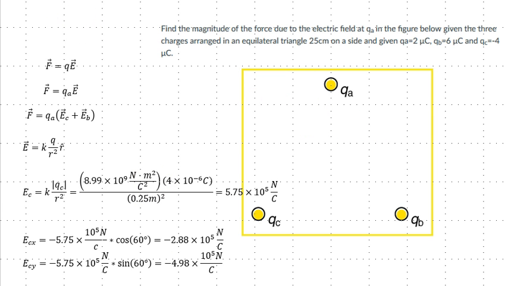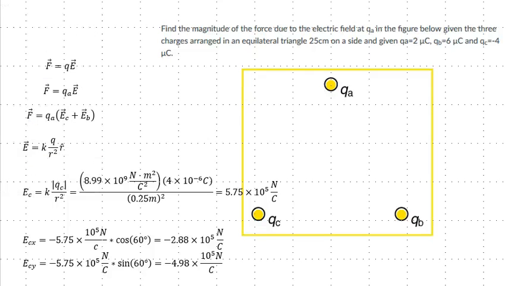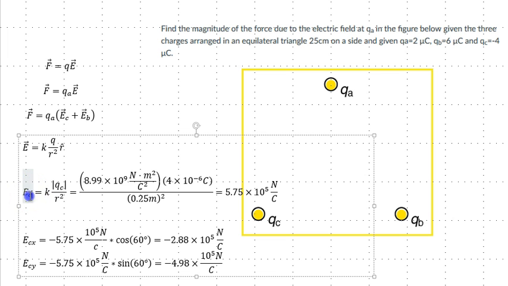I'm going to copy this whole slide and take a look at B, because we're going to go through the same thing for B. This was E_C, and we're going to call that E_B, sticking in B everywhere.